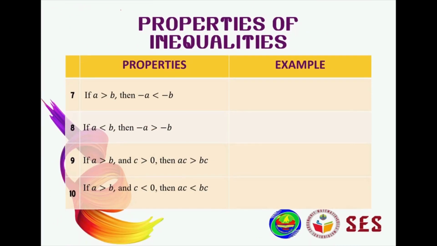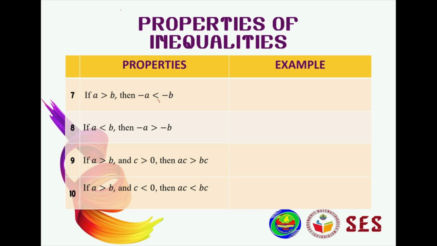Alright, we move to the next property. So property number 7 and 8 is just telling you what happens if you multiply an inequality by a negative number. If you observe these properties 7 and 8, we have A greater than B, then negative A is less than negative B. Can you see what happened to the A?